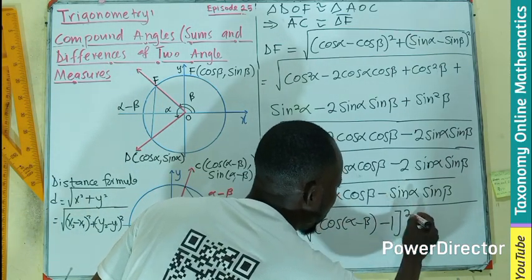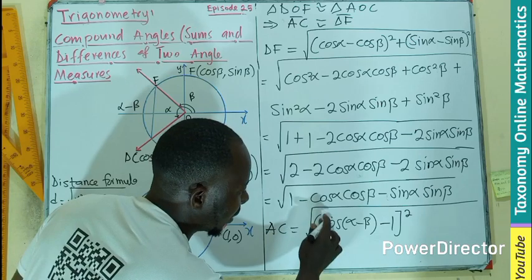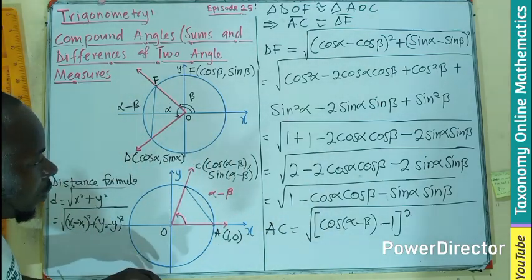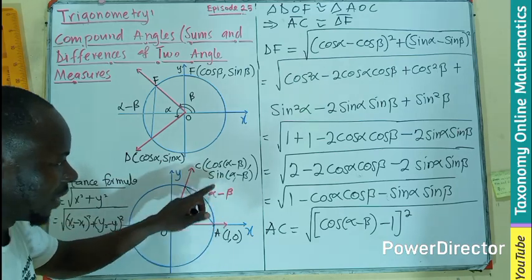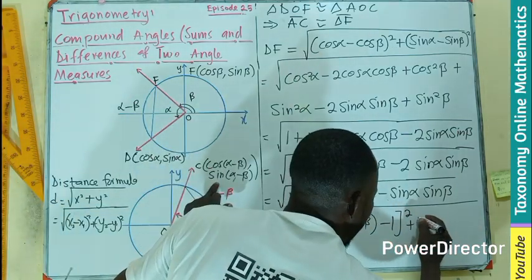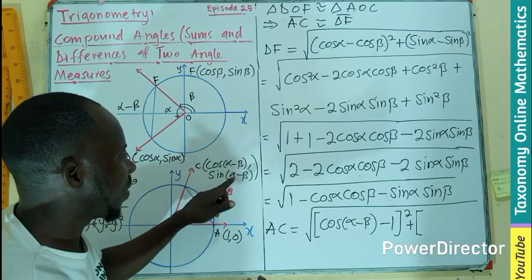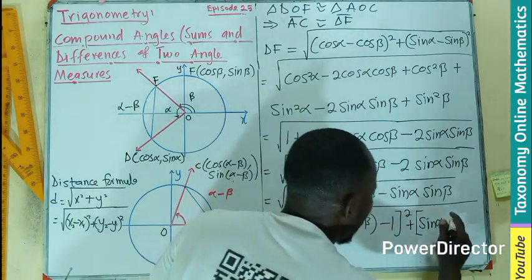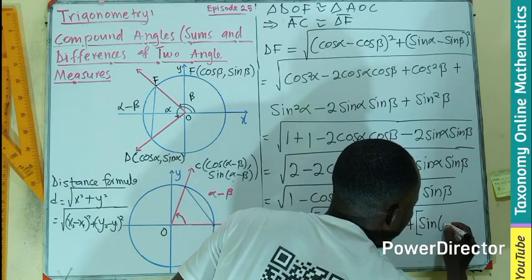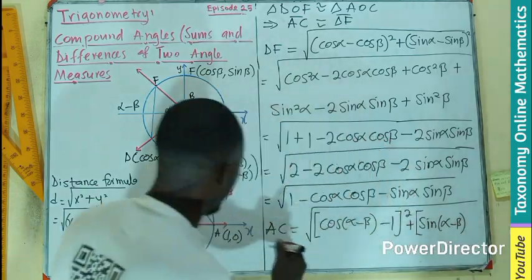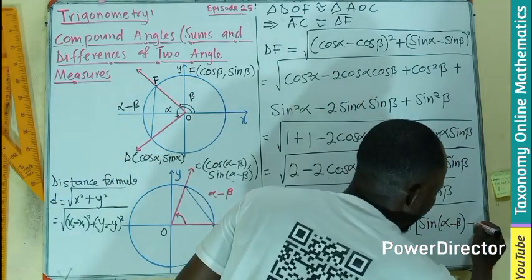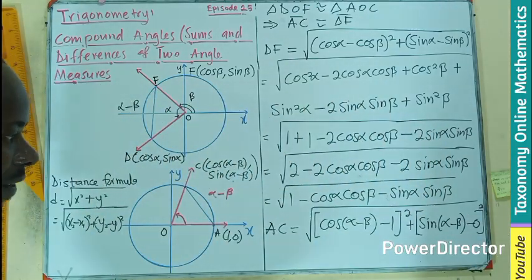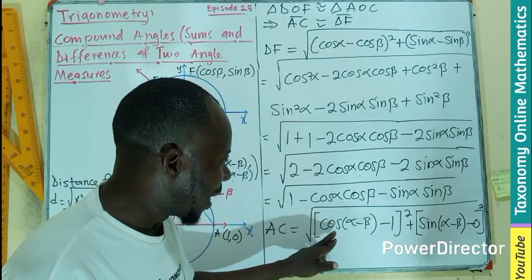So let me say this square, I think this is the bracket, right? Then we need to pick this one minus this, which is plus sine of alpha minus beta, then minus 0. So all this also square.